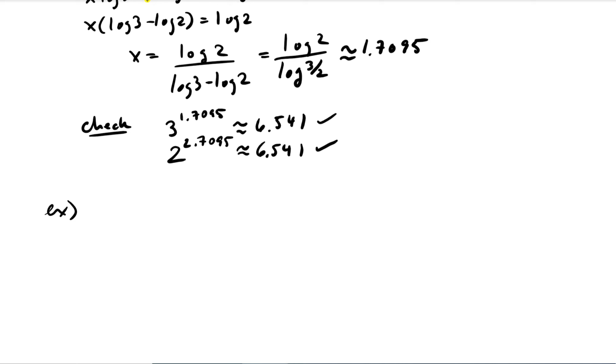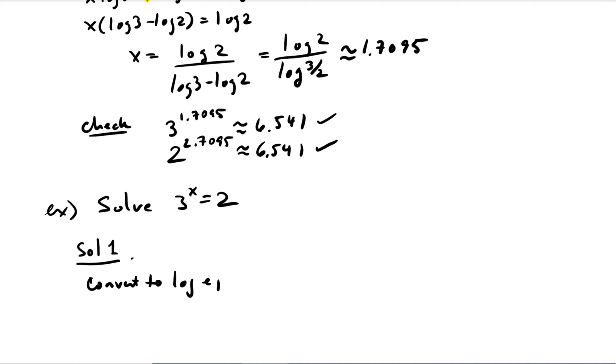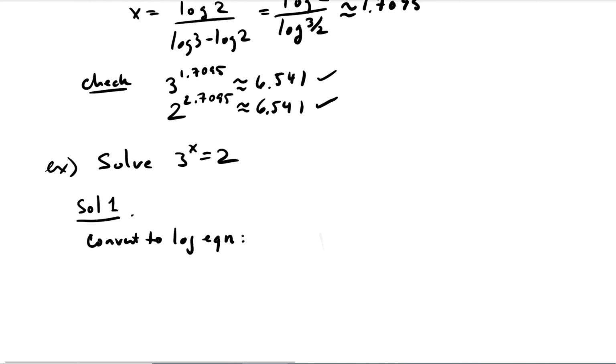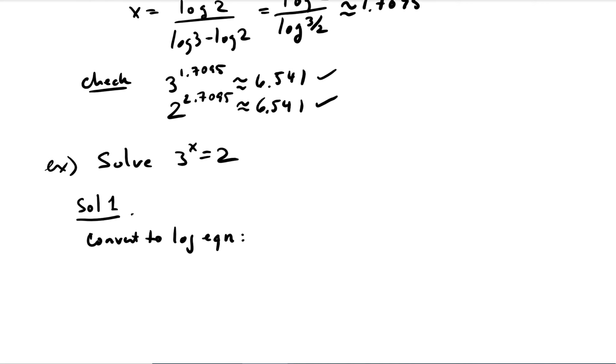And here's a final example. We could solve 3 to the x equals 2. I'm going to show you two solutions, two very simple ones. We could here first convert to a logarithmic equation from the exponential equation. So this is how we would solve those in the previous sections.